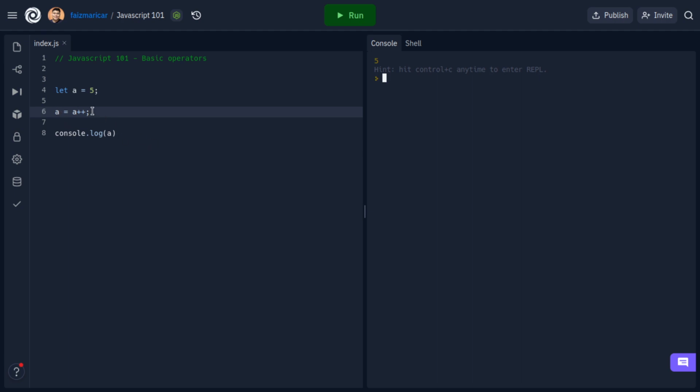So a will equal 5, and then it does the incrementation. So if you do the incrementation first, it will increment the value of a, so 5 becomes 6, and then it will assign it. That is when you will get 6.